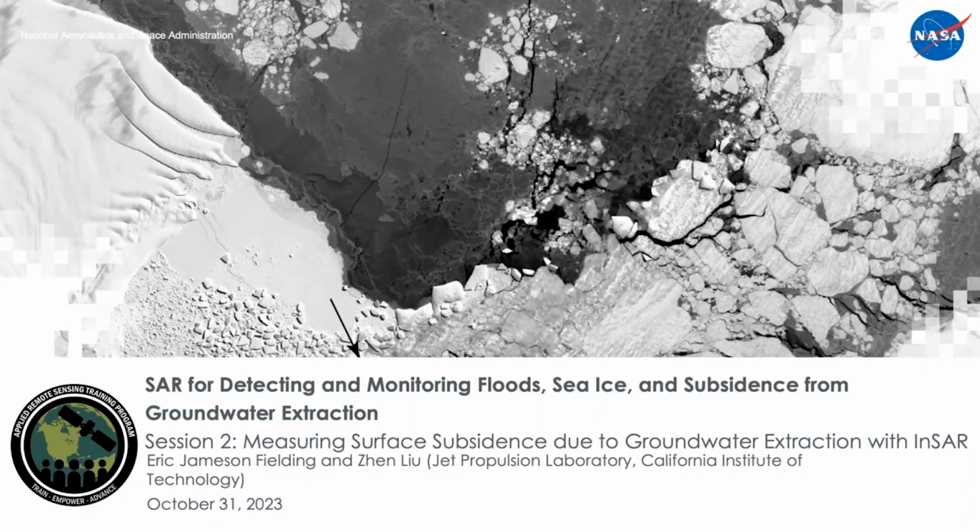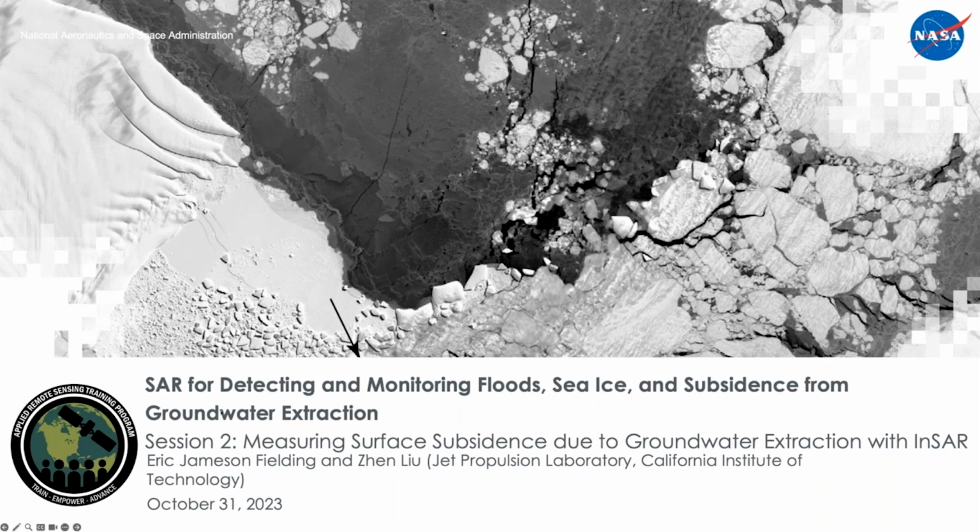Hello, I'm going to be talking about subsidence due to groundwater extraction. My name is Erika Fielding at the Jet Propulsion Laboratory, California Institute of Technology, a NASA laboratory. And a number of the slides today were prepared by Zhen Liu, who also works with me here at Jet Propulsion Laboratory.